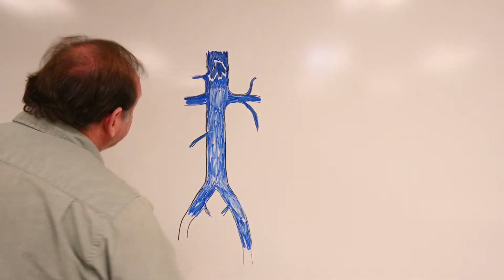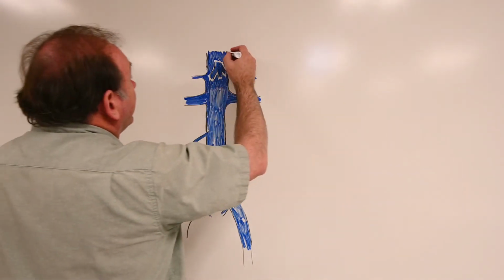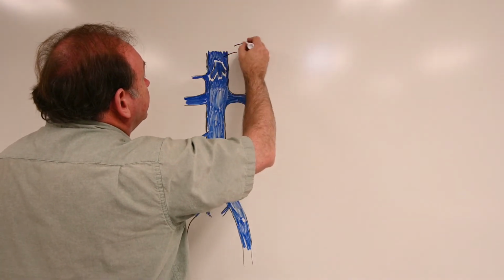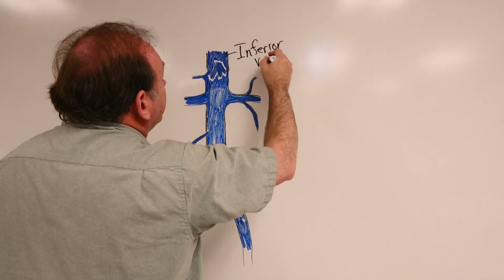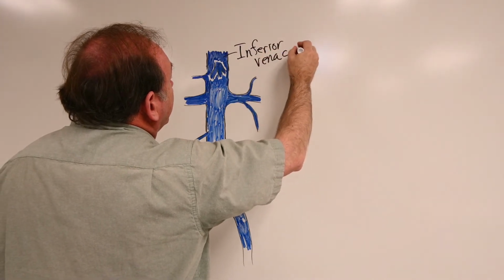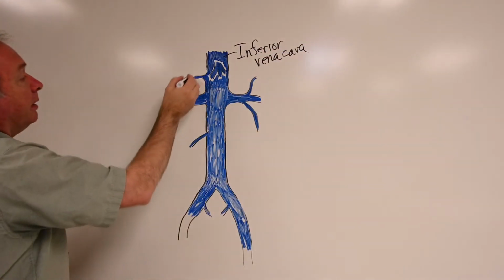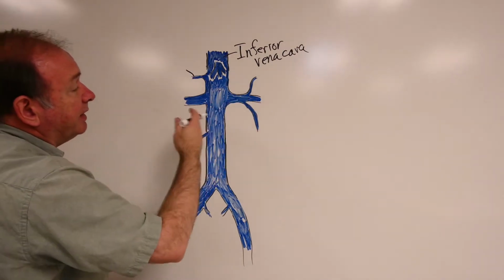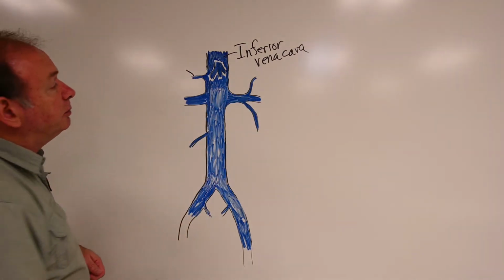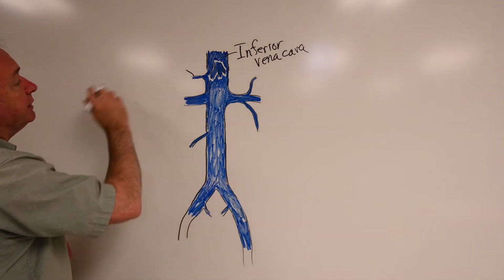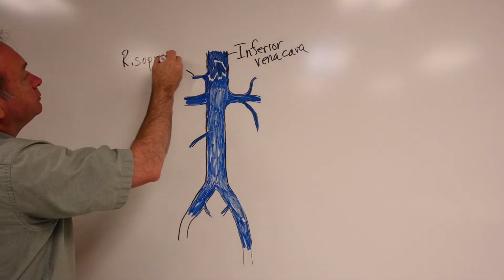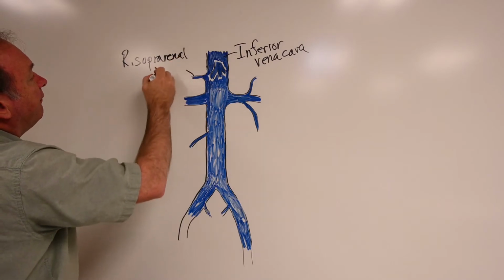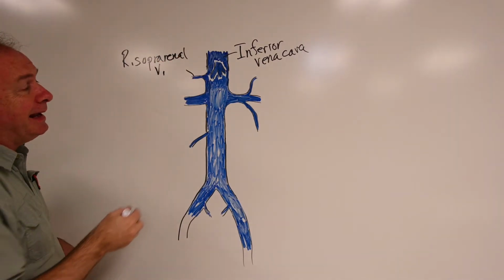Let's label all these now. First of all, we have the inferior vena cava. Because these are asymmetrical, we need to label all of them, left and right. So this is our right suprarenal vein, and we could call it the adrenal vein.